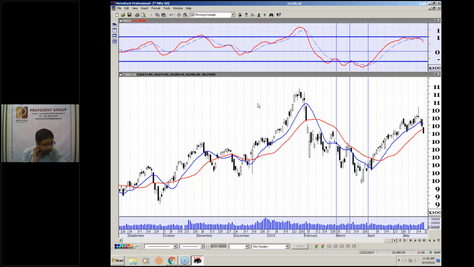Now here is another point to consider: these levels should be taken as a certain percentage of Nifty and not in absolute terms, because the value of Nifty also keeps changing, right? Today the value is 10,600. A year ago, the value was 8,000. Five years ago, the value was 5,000 in Nifty.